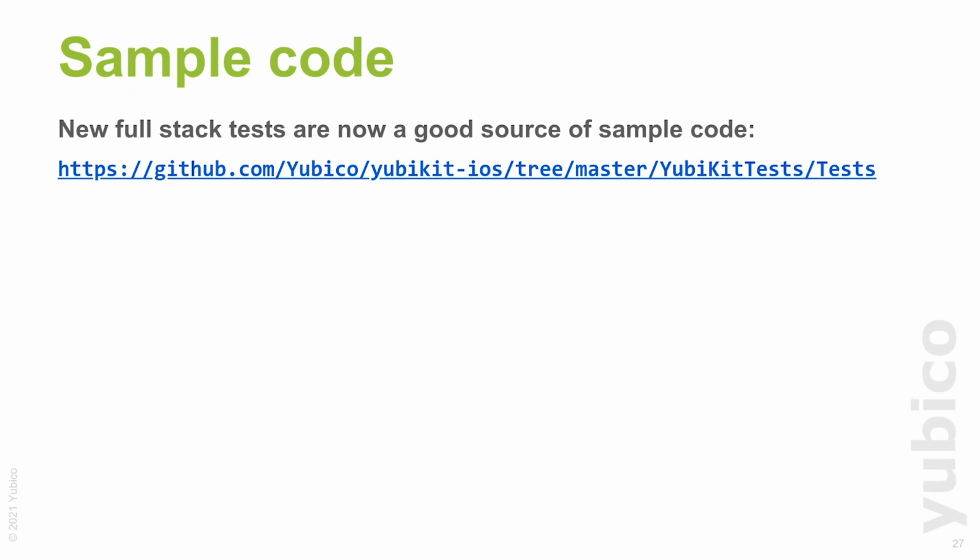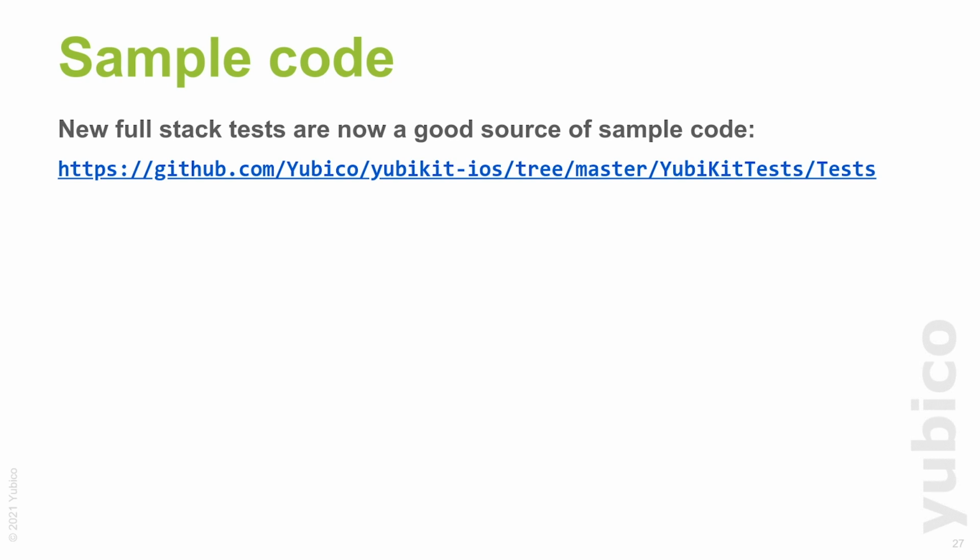And finally, we've also rewritten all of the full stack tests in the SDK. And these new tests are actually a really good source of sample code, and you can find them on this URL.